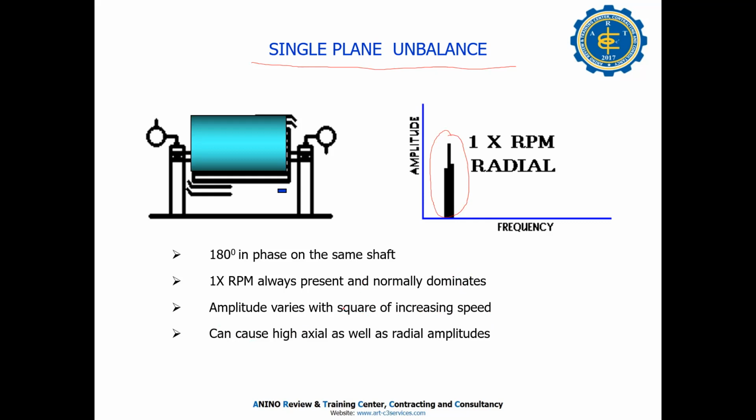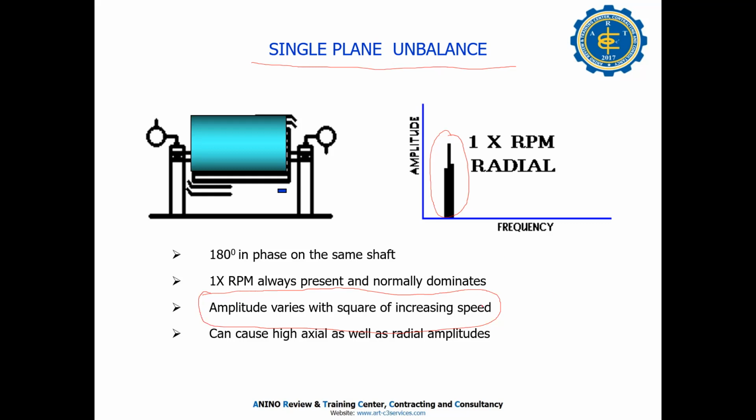That is one of the questions in interviews. They always ask, how to know the unbalance? It is simply this: amplitude varies with the square of the increasing speed.